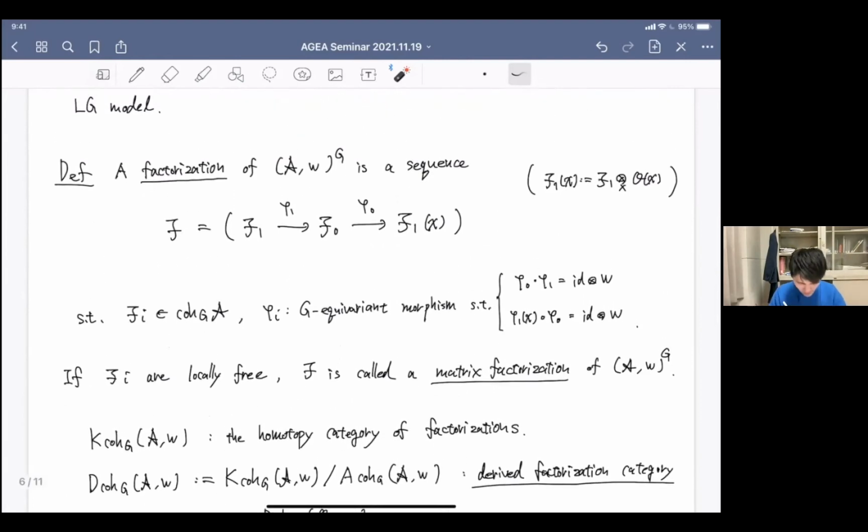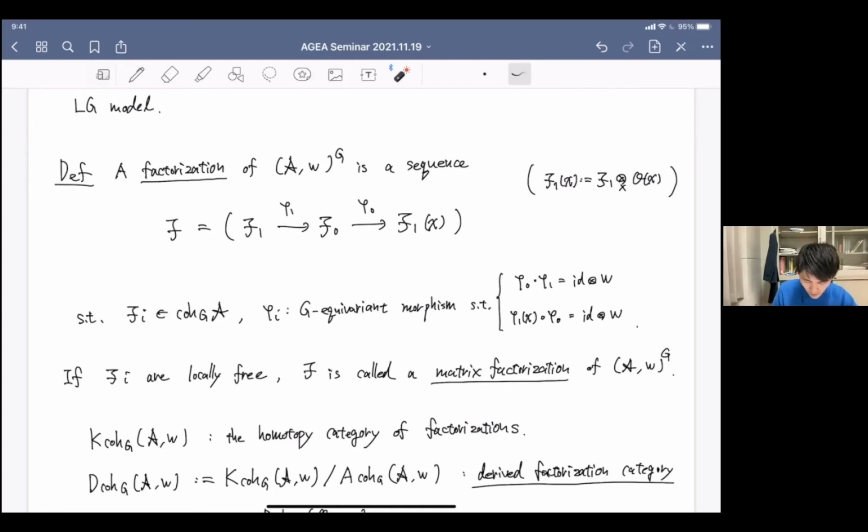Then we define some triangulated categories. Since we can consider a factorization as a two-periodic complex, but in the usual complex the composition of differentials is 0, while in this case the compositions of phi i are multiplication by W. So in this sense, a factorization can be considered as a twisted complex.